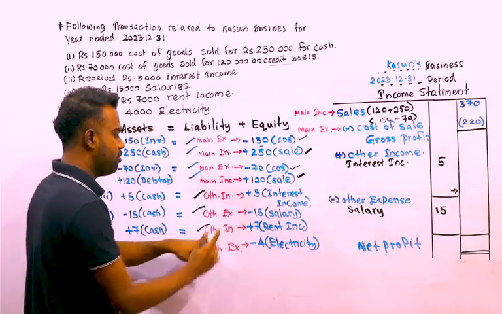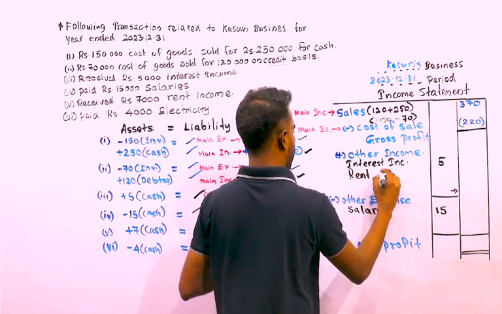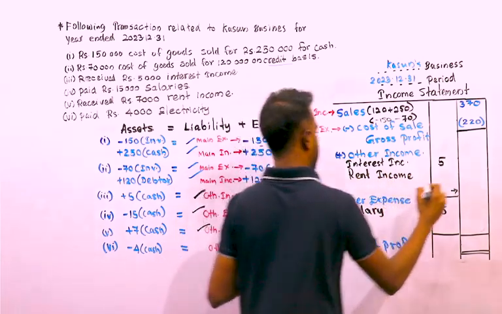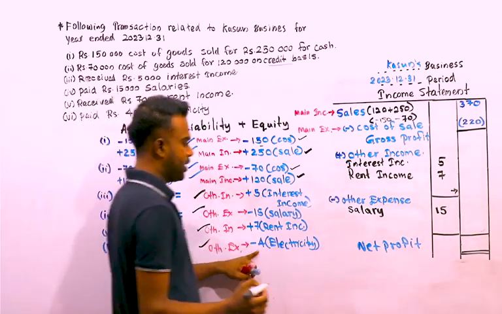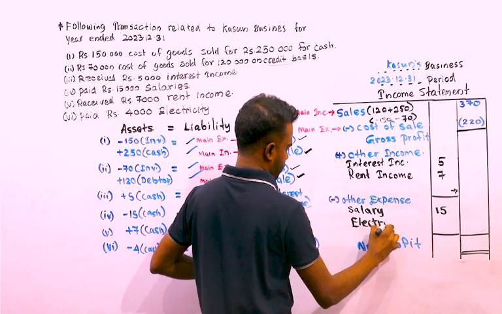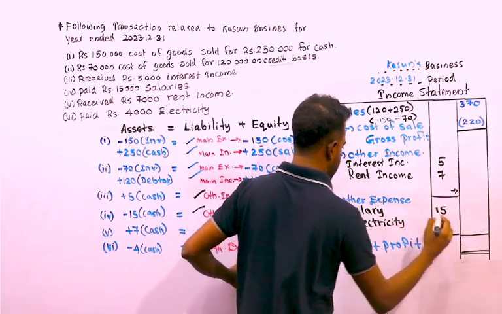Again, other income, rent income, plus 7. Finally, other expense, again, electricity, 4.